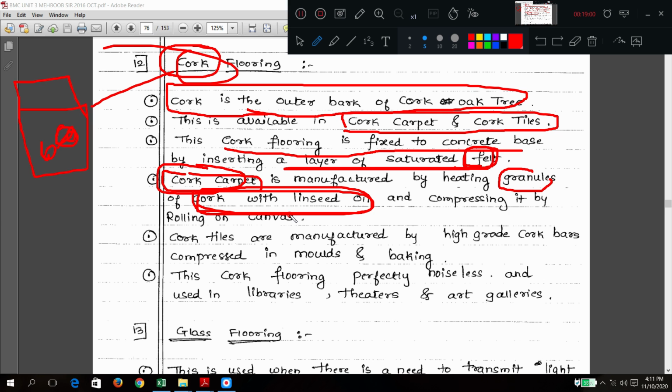Somehow it is manufactured, just understand that now. After that, apart from the carpet, you can make tiles also. So cork flooring consists of a carpet of cork or tiles. How are they fixed? As usual, on a floor, with adhesive.